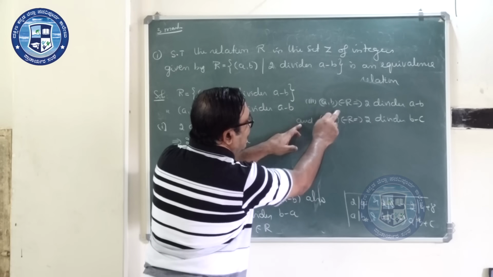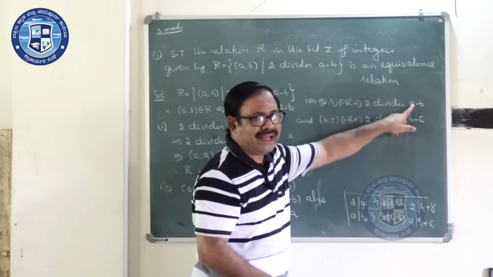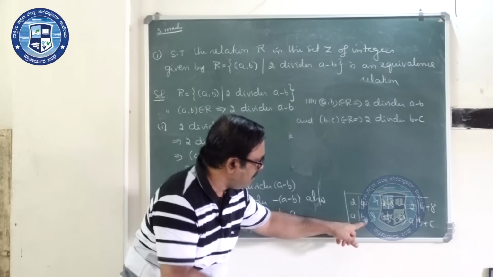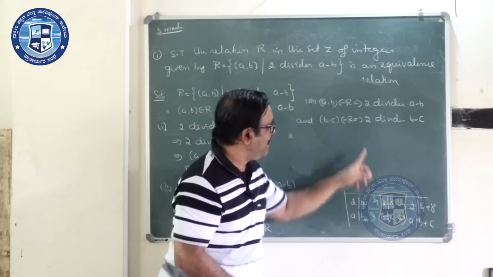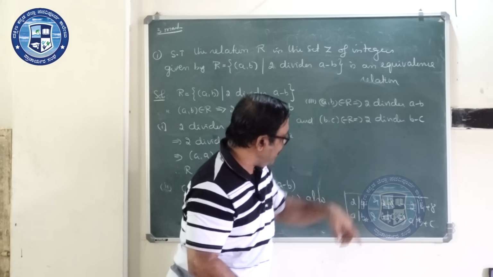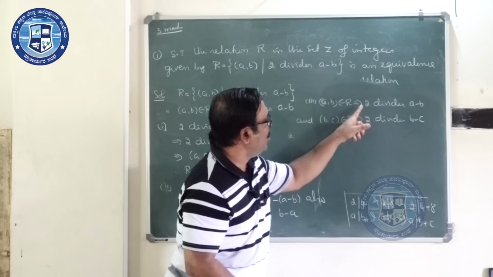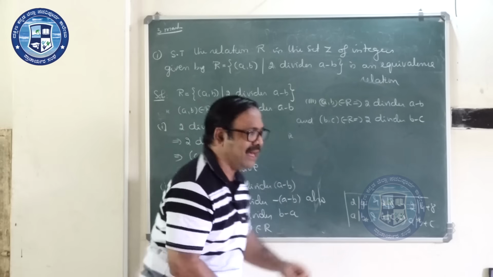Now what do you find here? 2 divides A minus B and 2 divides B minus C. Compare with this. This is A, this is B, this is A, this is B. So A divides B, and A divides C, you take it as C. So A should divide B plus C. The definition is here.